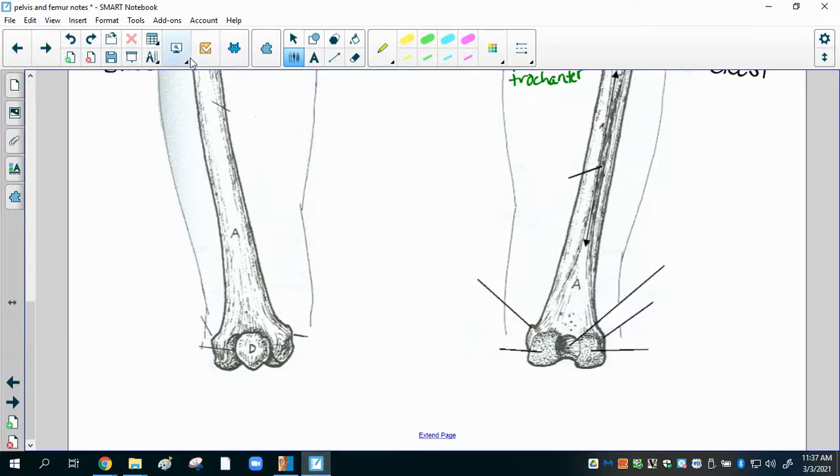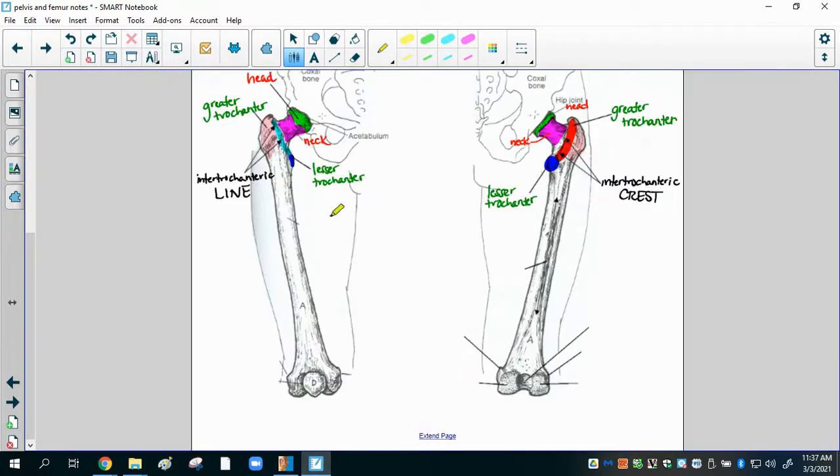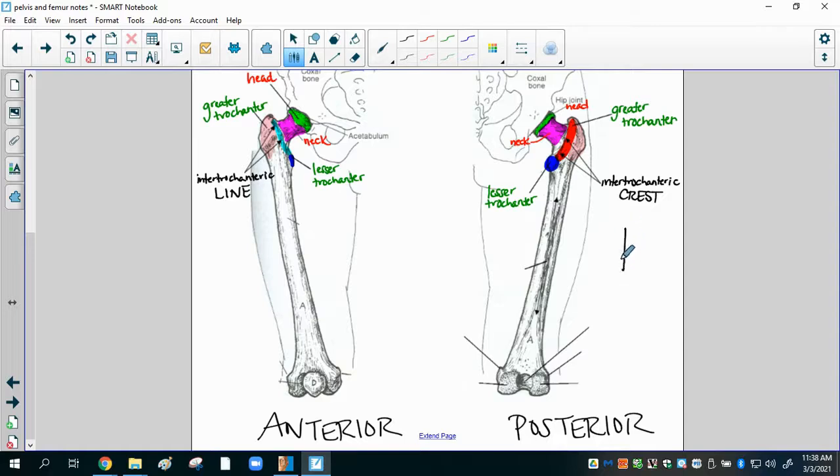So let's get our bearings. Zoom out a little bit. This is an anterior view, and this is a posterior view. So each one of these lumpy, bumpy ends is a condyle. If we're looking at a posterior view here, this way is lateral, this way is medial, proximal, distal. So this right here is the lateral condyle, which would make this one the medial condyle.